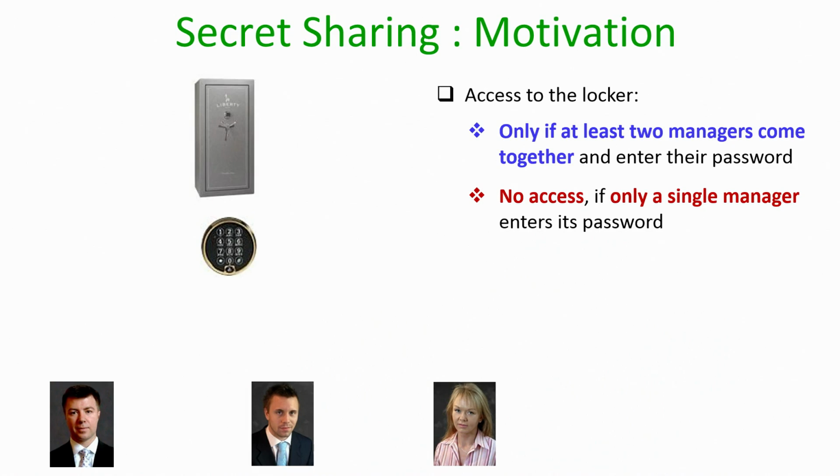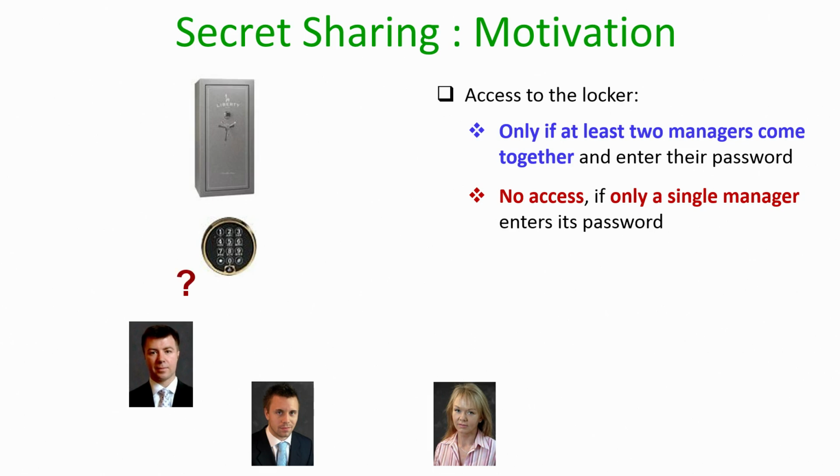Imagine we have a banking application, say, where the locker in the bank is accessible only by the managers in the following way. The password for the locker is shared among the 3 managers in such a way that if only 2 of the managers go together and enter their respective passwords, the locker can be accessed, but if only a single manager tries to enter the password and access the locker, the access is not possible.